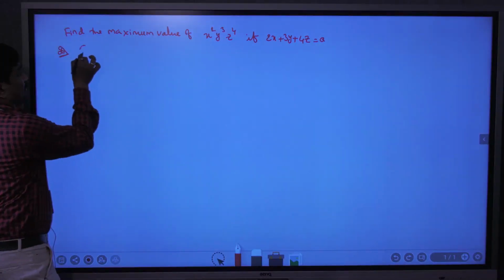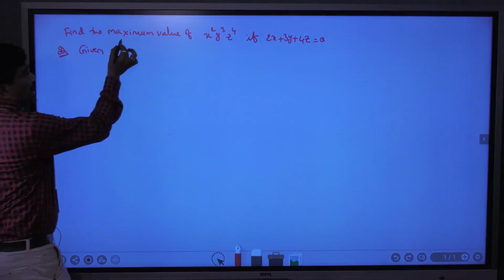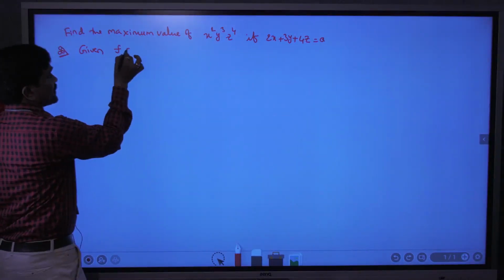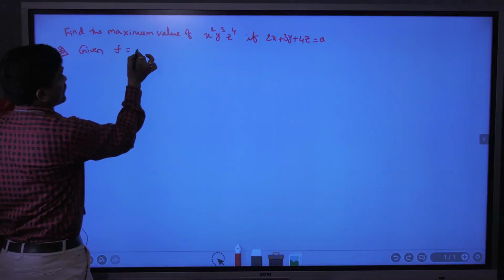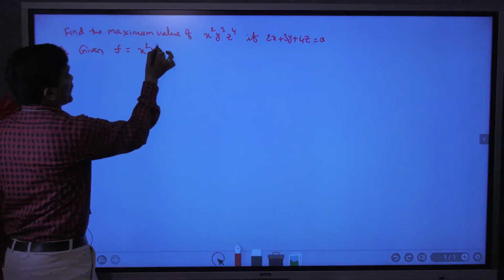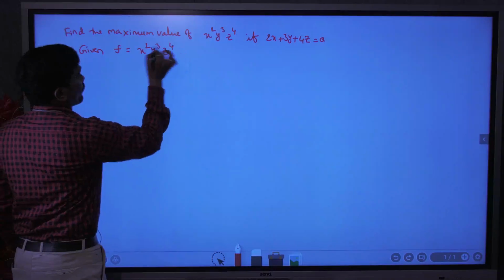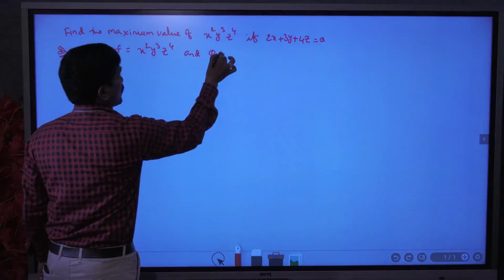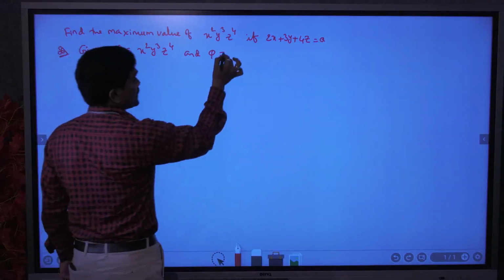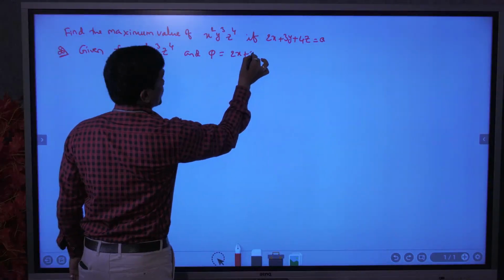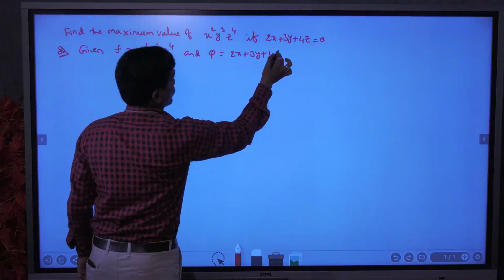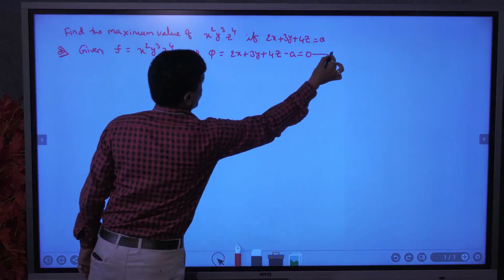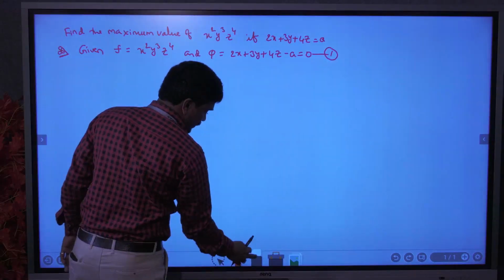Here f is equal to x square y cube z power 4, and subject to the condition, phi is equal to 2x plus 3y plus 4z minus a is equal to 0. This is equation 1.